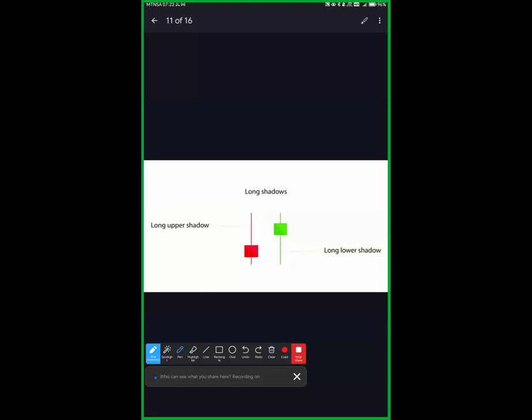So the red candle, the price opened there. Remember, sellers open price on top and close it at the bottom. So if sellers open the price here and closed here, and there is a shadow here, it tells you that the price opened here and then closed here, and it is giving you a gap to show that it did pass the what?